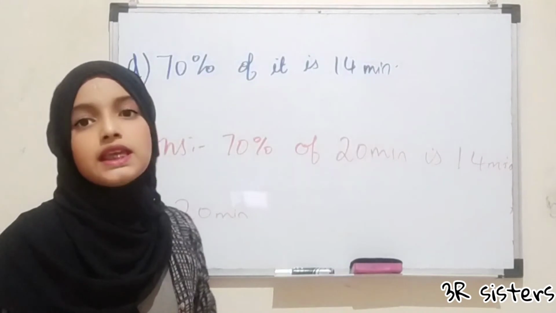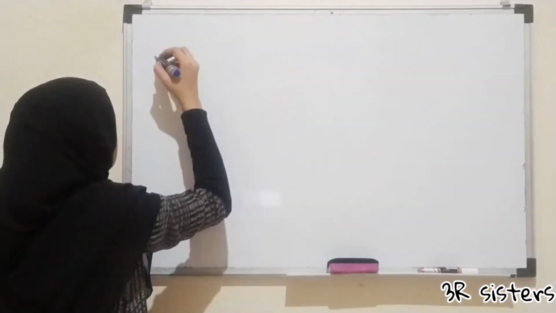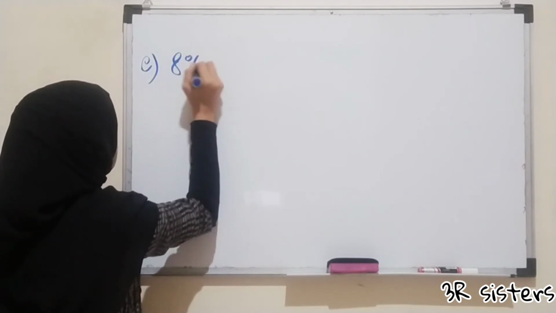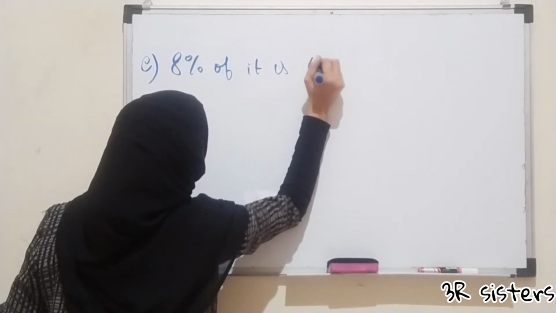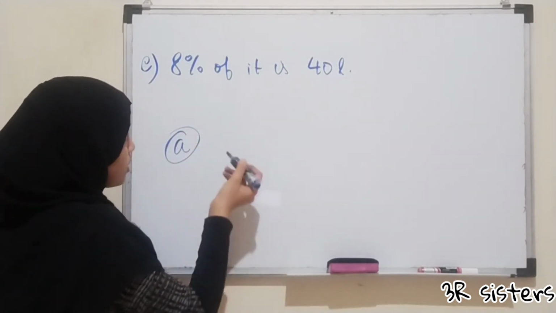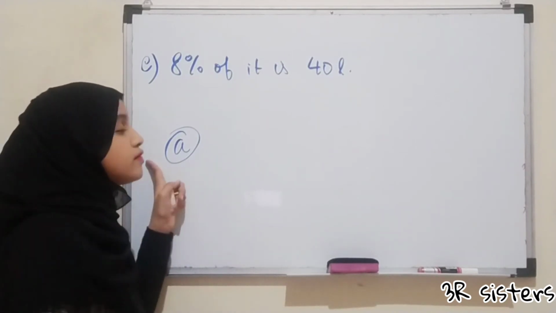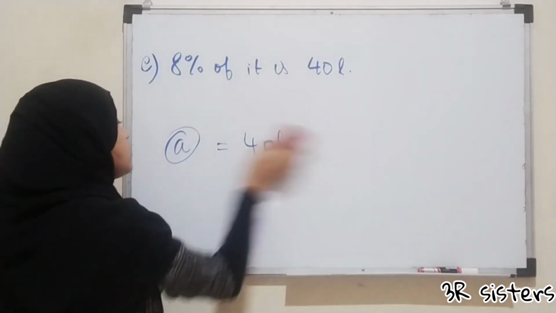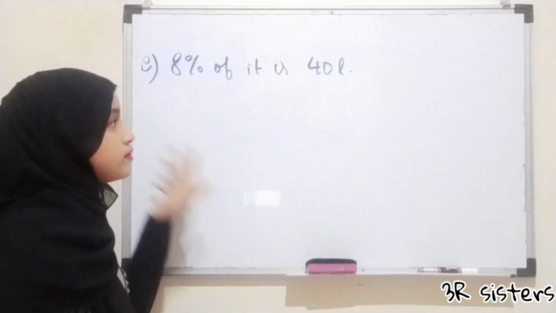Now let's move to the E question. What is E question? E question is 8% of it is 40 liter. Okay, some number, like an anonymous number. 8% of an anonymous number is 40 liter. Okay, now how will we find this? The same process we are applying for all of these questions.